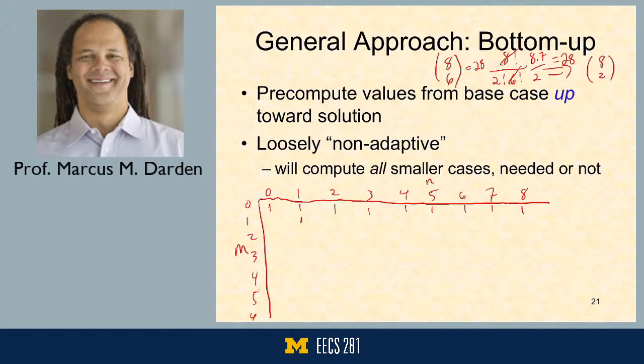For instance, this spot right here is how many ways can you choose 4 items when there are 0 items? That's not possible. Same thing with 3 choose 5: how many ways can I choose 5 items out of the only 3 on the table? Also not possible. So I'm going to end up with this lower triangle that is empty.